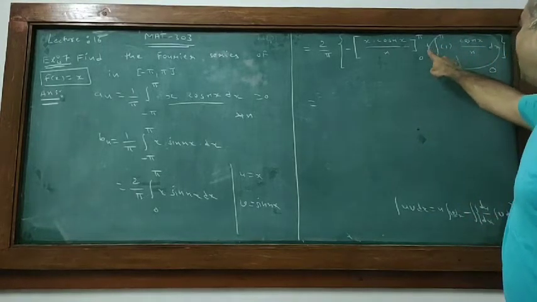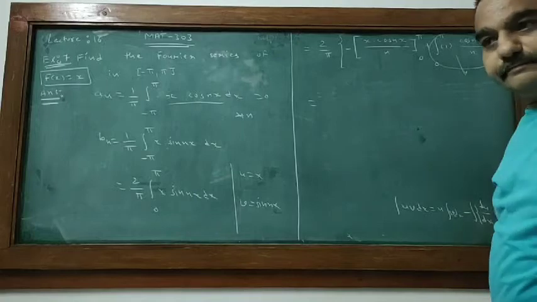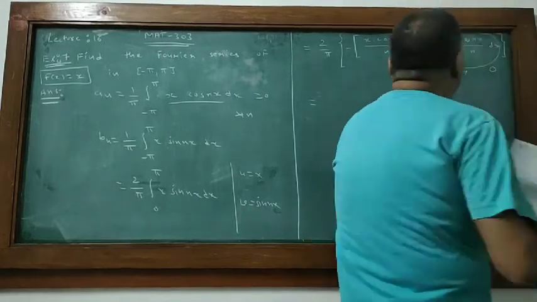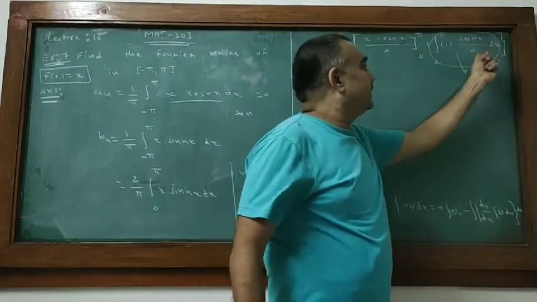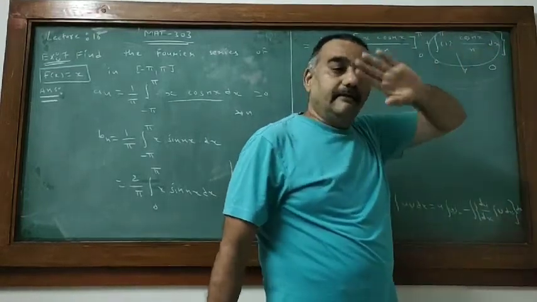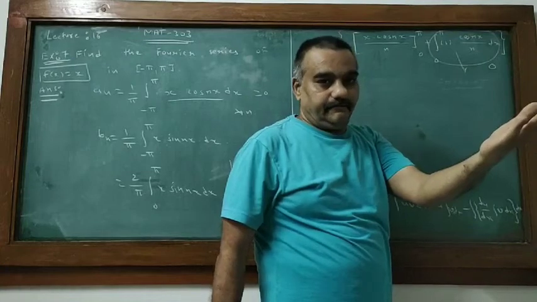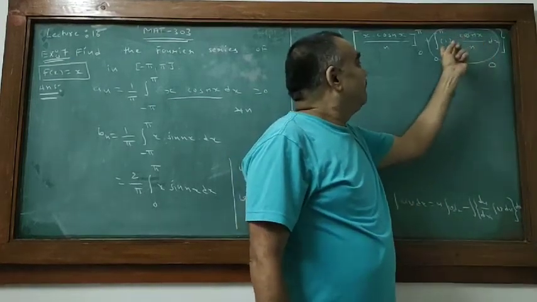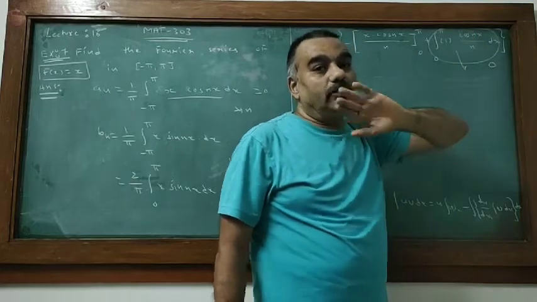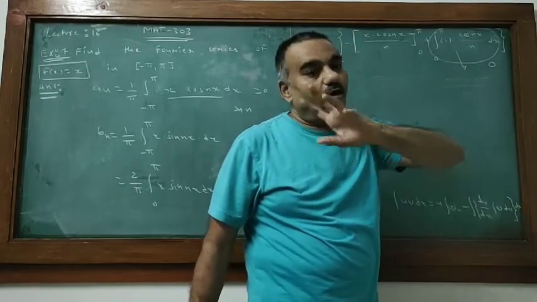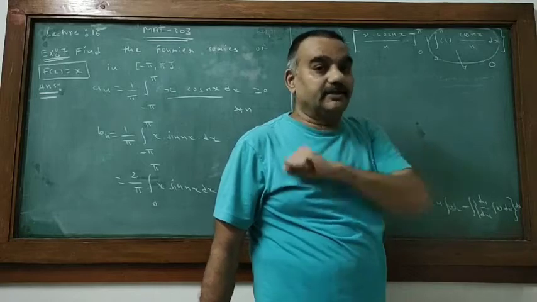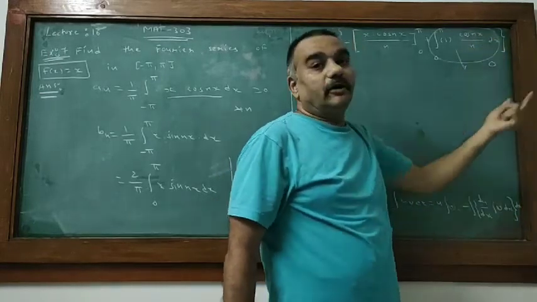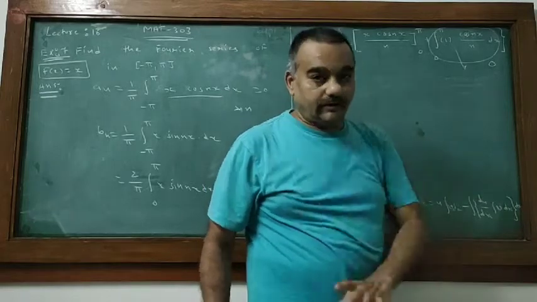Due to that, this minus sign becomes plus. Now this is the integration of cos nx upon n, and integration of cos nx is sin nx upon n. If we put the limits 0 and pi at both these places, sin function is 0, and therefore this term will not be in the calculation.